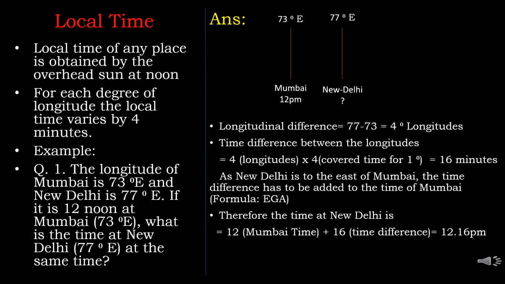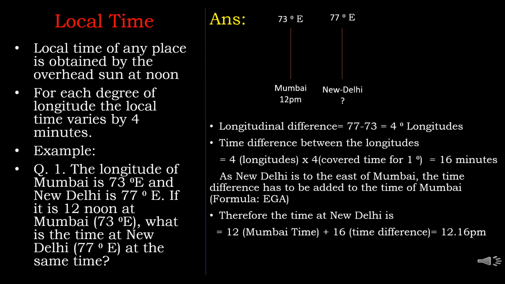Then let us convert the difference into time. Let us find out the time difference between the two longitudes. We have already got the difference of longitude as 4, and we multiply those 4 degrees by 4. That 4 stands for the time covered for 1 degree longitude, and 4 into 4 is 16 minutes.